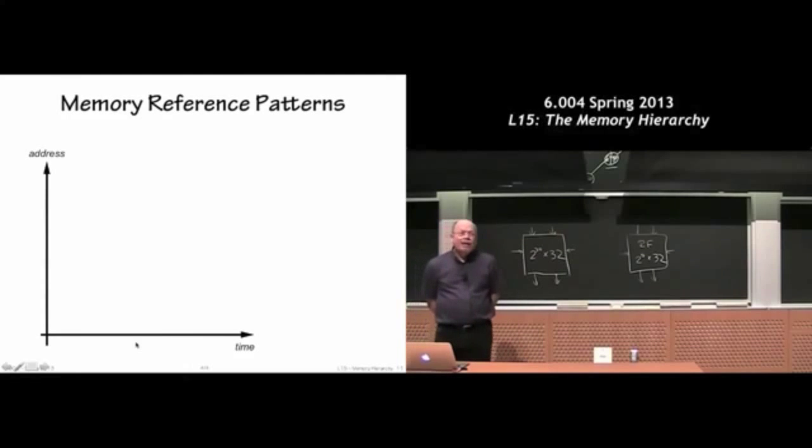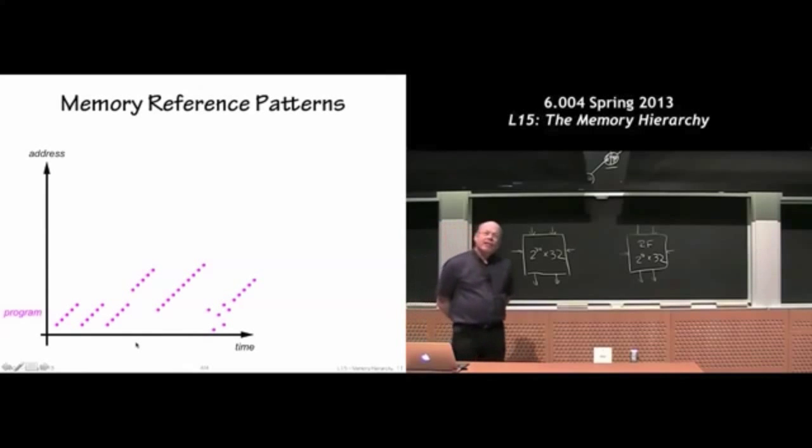So let's look at some possible memory reference patterns, and this is a very schematic diagram of trying to plot memory references versus time. If I think about a program that has loops and subroutine calls and things like that, I might expect to see a reference pattern that looks like this, where the addresses increase as I execute instructions sequentially.